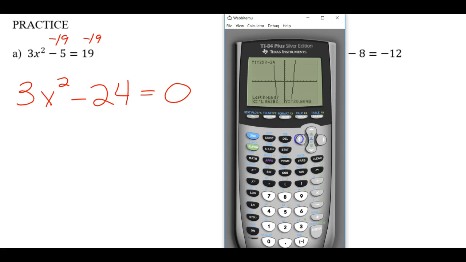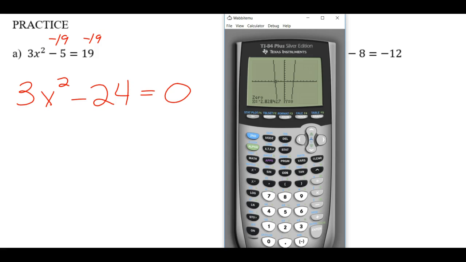And remember the left-right guess. Move your cursor to the left of the x-intercept, pass it and go to the right of it, and then guess right smack dab in the middle, negative 2.8. Wow. So that's something in your toolbox that we've learned before. You can always check it on your calculator.